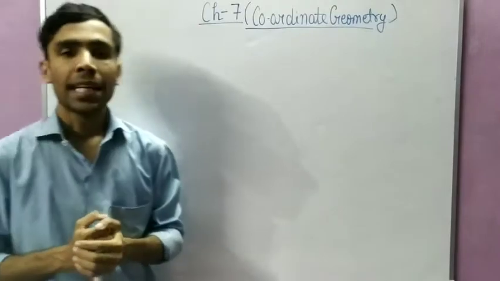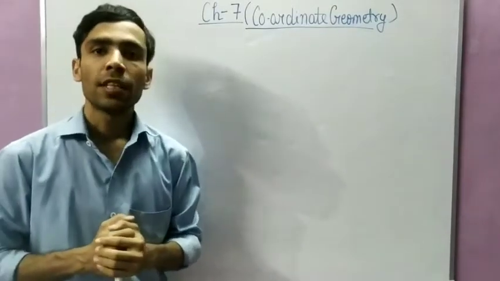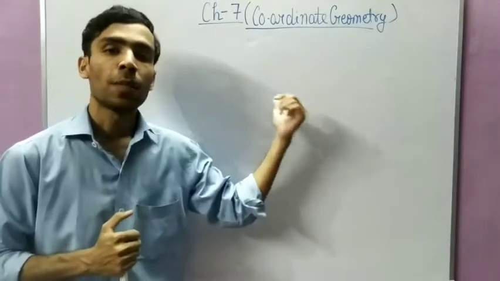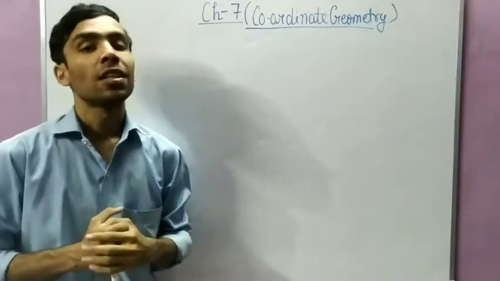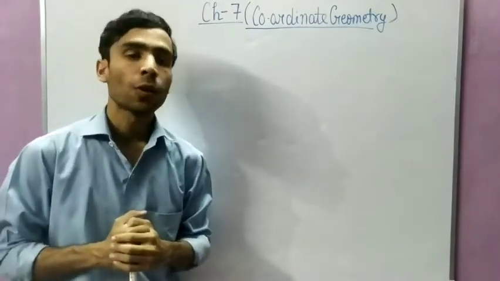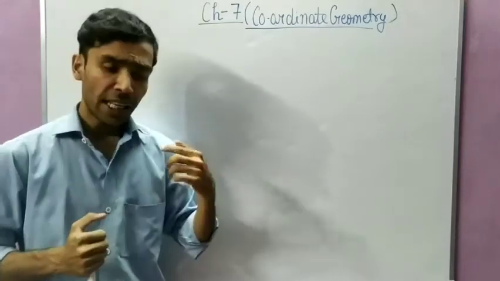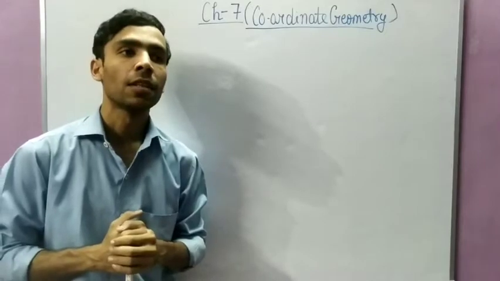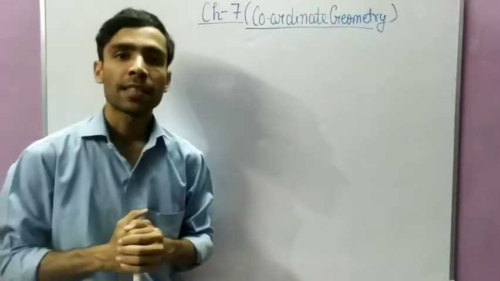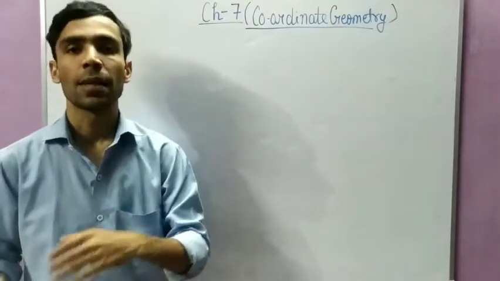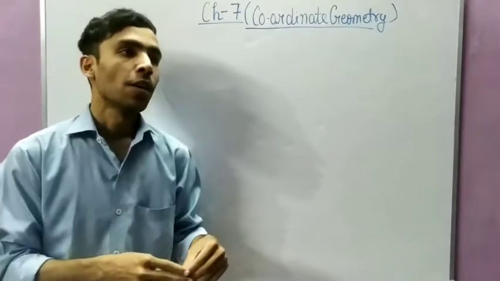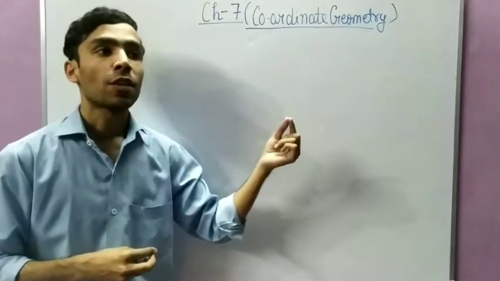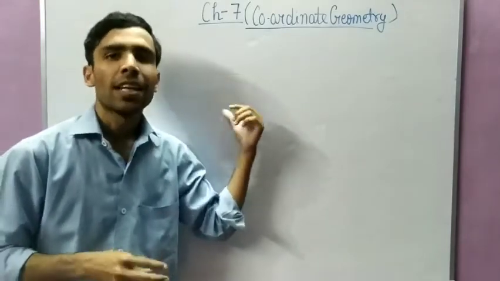Students, in class 9th you have studied the same chapter. I think that coordinate geometry chapter was chapter number 3 in class 9th. In that chapter you studied things like the x-axis, the y-axis, the point on the x-axis, the point on the y-axis, the coordinates in the first quadrant, the coordinates in the second quadrant, and so on.